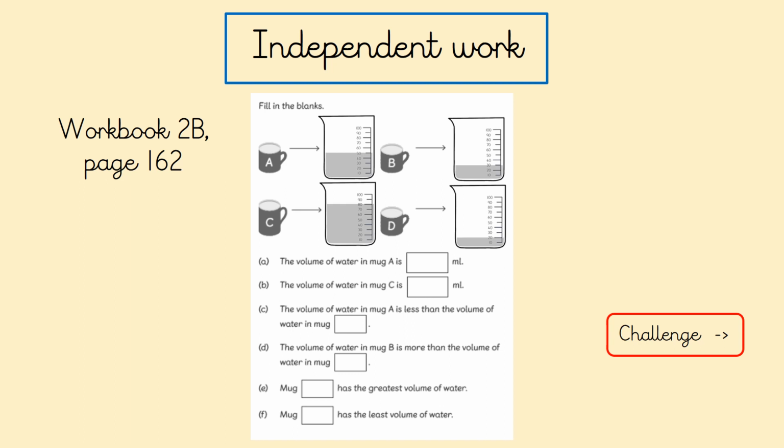So if you're using your workbook and you find it hard to read the scale, you can have a look at this picture to help you instead, because if I just put an actual picture straight from the workbook into the PDF file, it got very, very blurry and you couldn't read it at all. So you can refer to this if it's easier to read, even if you are using your workbook.